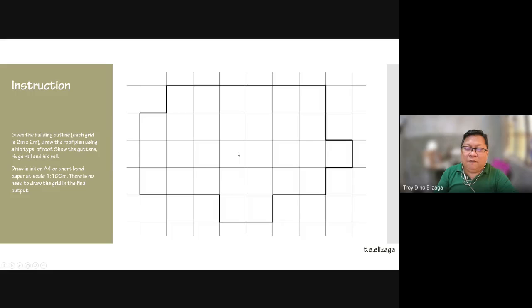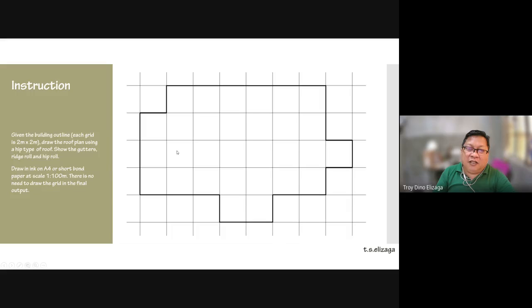So your task is just to draw the roof from earlier. Please, again, take note of the alphabet of lines. The main divisions of the roof, like your hip, the valley, the ridge, should be medium line. The main outline of the roof can be a dark line.